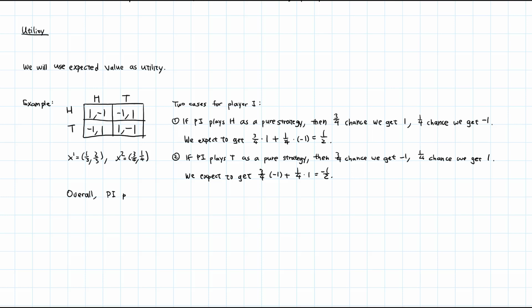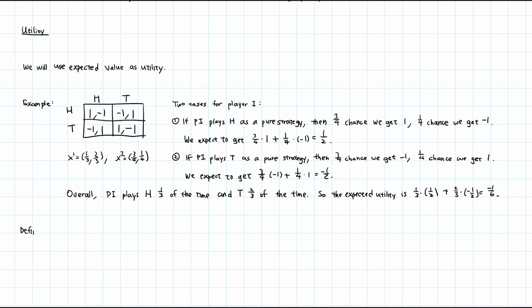But player 1 plays heads 1/3 of the time and tails 2/3 of the time. So we would expect to get a utility of 1/2 1/3 of the time, and a utility of -1/2 2/3 of the time. So the overall expected utility is 1/3 times 1/2 plus 2/3 times -1/2, which is -1/6.